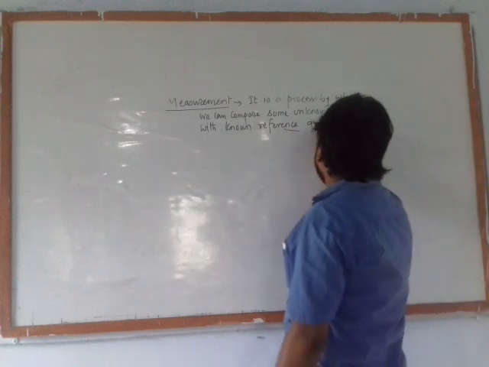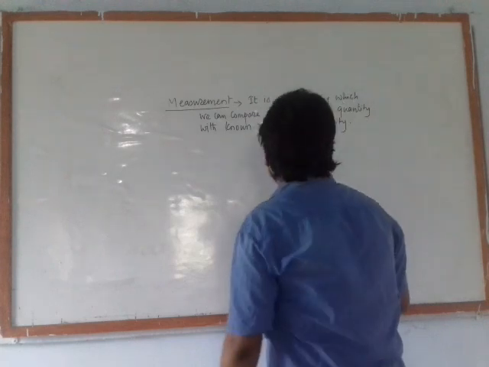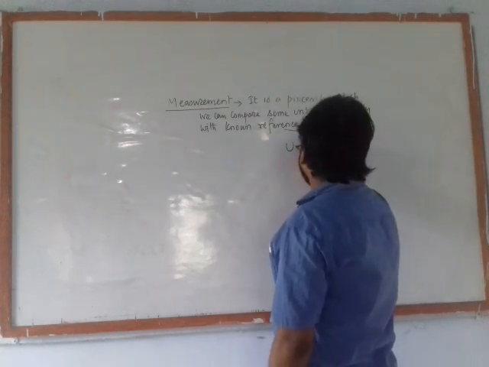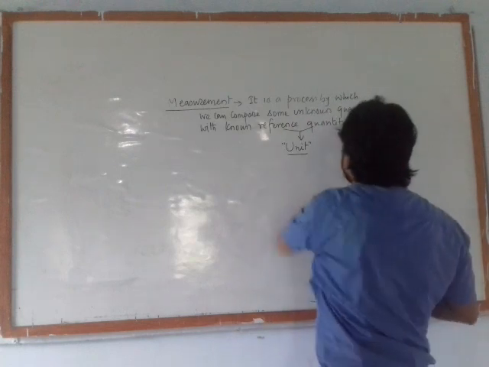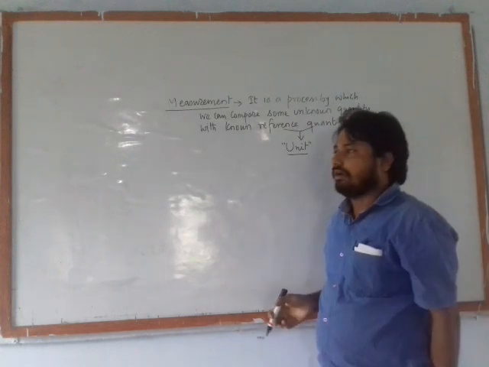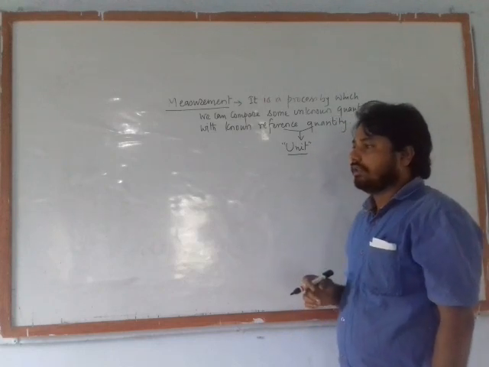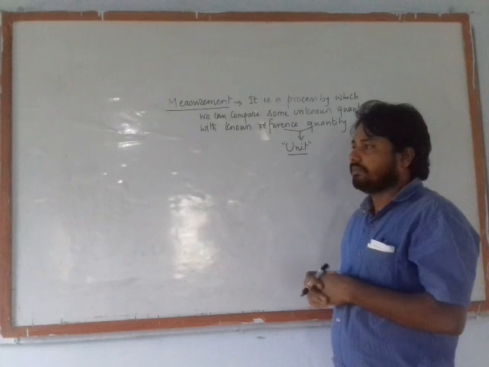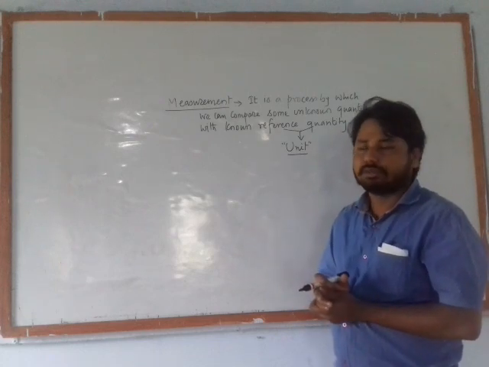This reference quantity is known as a unit. Unknown quantity means, suppose we have to purchase 1 kg of potato. To purchase it, we simply ask the shopkeeper, I need 1 kg of potato.